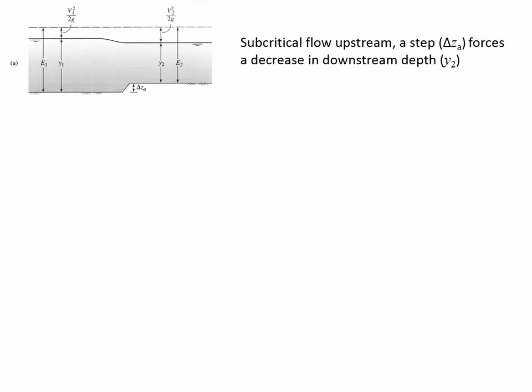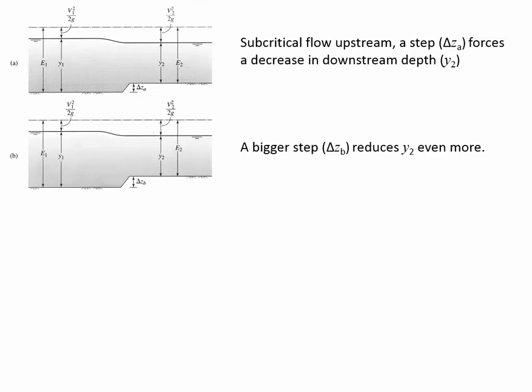So let's just take a look at this. This is a small delta Z here. The delta Z for condition A is small, and so if it was subcritical at location 1, this delta Z made the flow depth go down a little bit. That's what happened when it's a small step up. Okay, this next step up is a little bit bigger. So what happened?